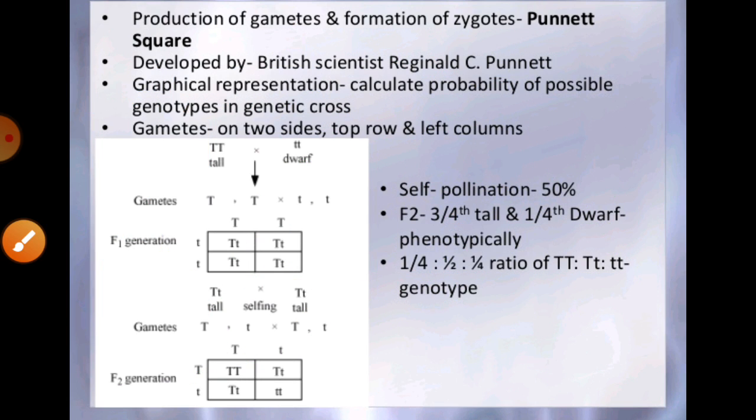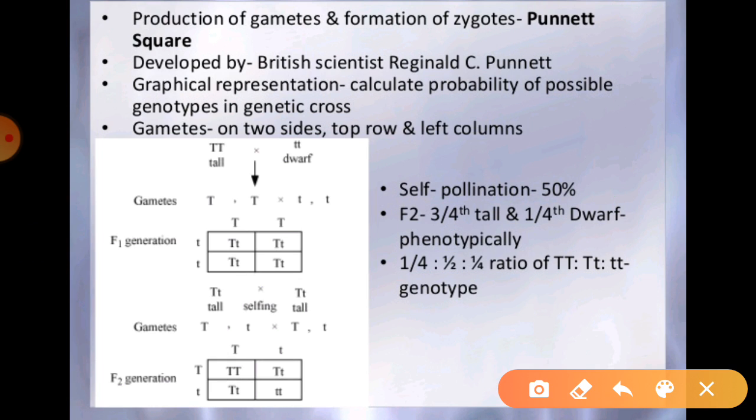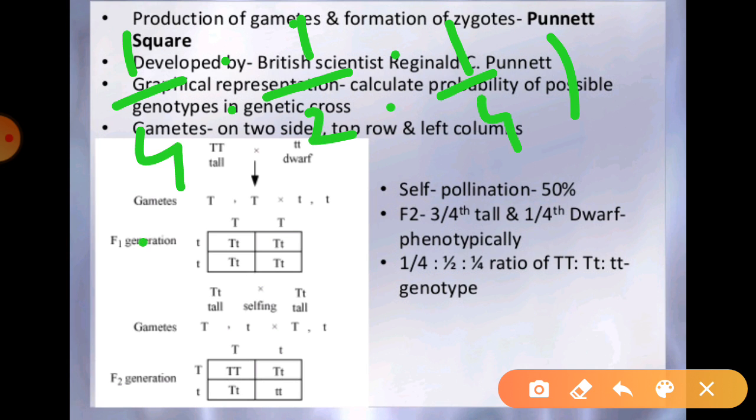After concluding this you will get the genotypic ratio, that is always 1 by 4, 1 by 2, 1 by 4 of all those characteristics in the F2 generation. You can get such ratios. So it is basically based on the expression (ax + by) whole square, right?